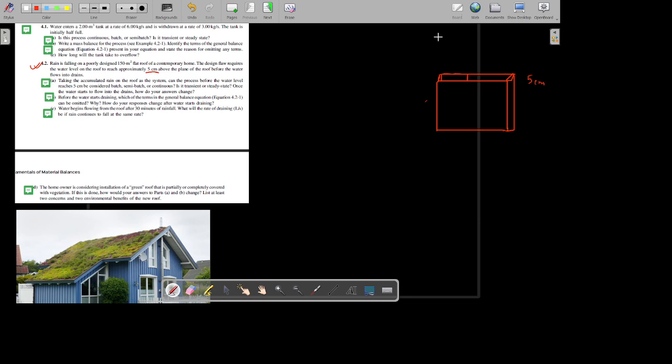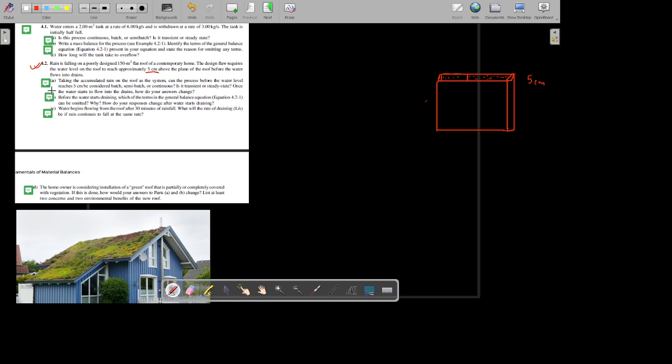So water is going to fall onto the roof and will start accumulating till it reaches 5 centimeter, and after that the water is going to fall out of the roof. So it is obviously a poorly designed home, because if the home was well designed, then if any water falls onto the roof, the water must fall into the drain.